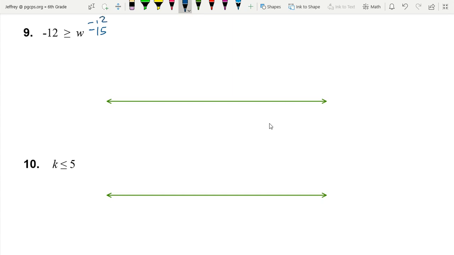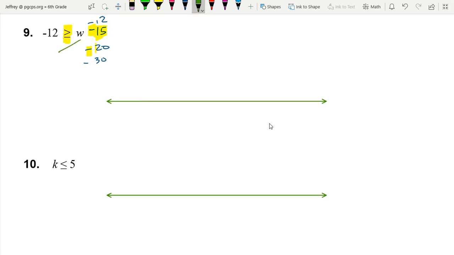Yep, we could put -12 as part of your solution because -12 is equal to -12. Also, -12 is greater than -15. What else? -12 is also greater than -20. -12 is also greater than -30. Absolutely.